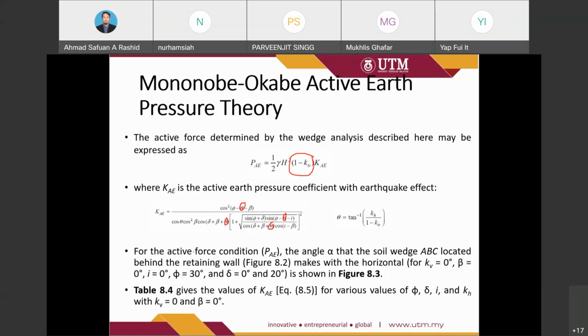So for the active force condition PAE, the angle alpha that the soil wedge ABC located behind the retaining wall makes with the horizontal, with KV equal to 0, beta equal to 0, I equal to 0, phi equal to 30, and delta equal to 20, is shown in figure 8.3.